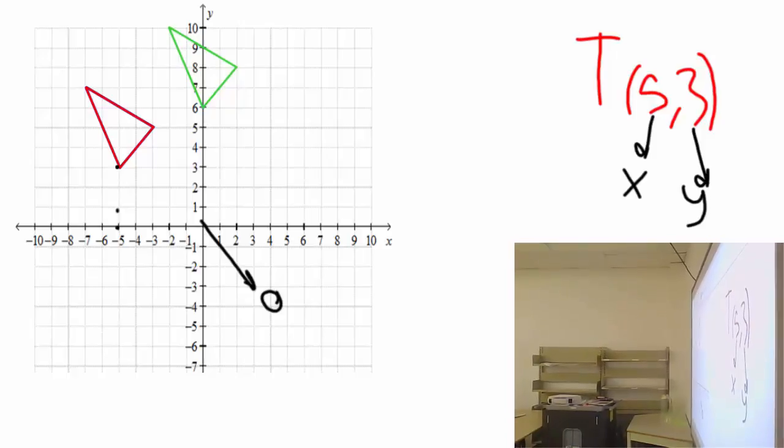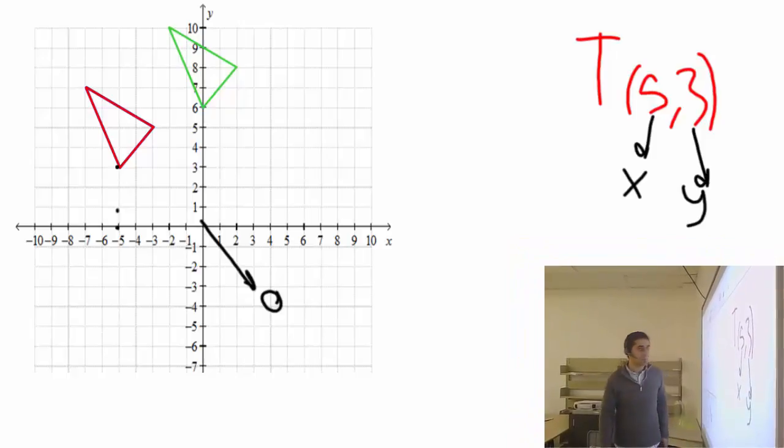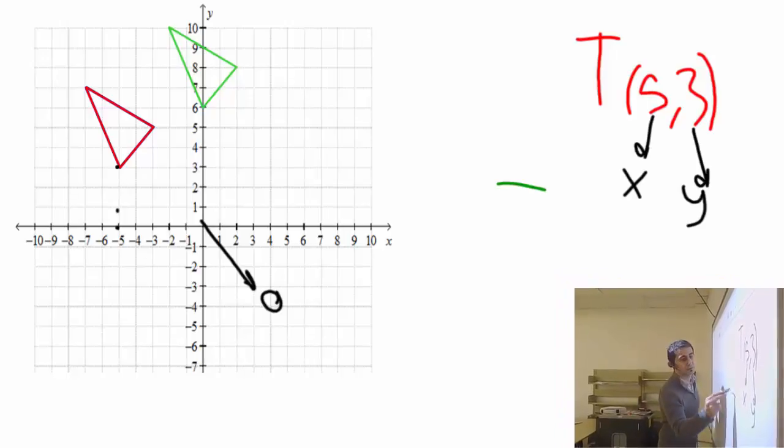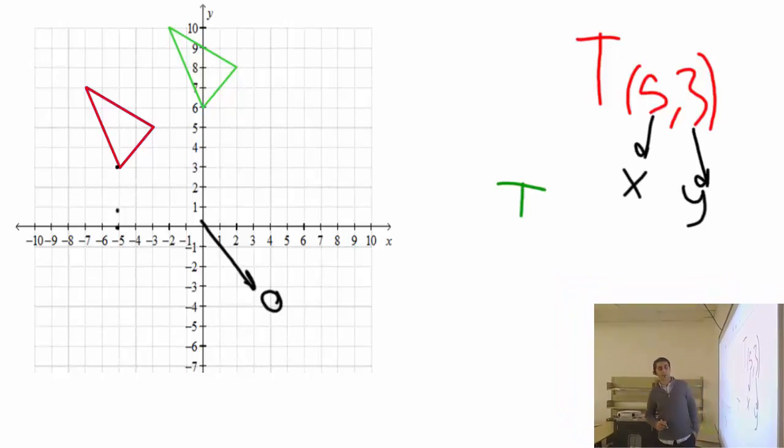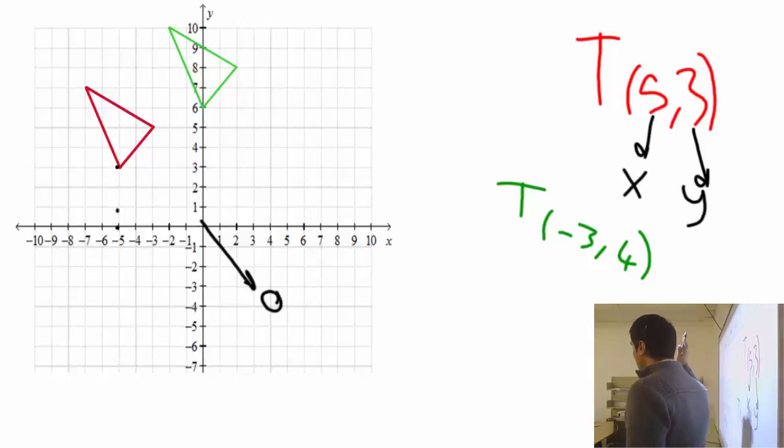Now let's do one more example. This time let's do -3, 4. So this time I'm going to pick this corner, and I know that corner is supposed to go 3 units, not that way, to the left, and then I'm going to go up 4 units.